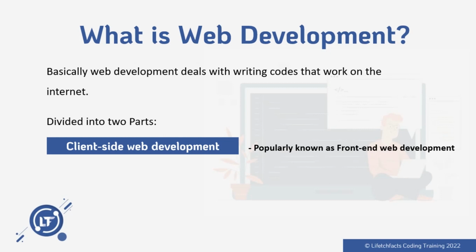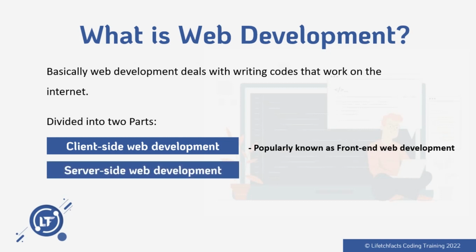Front end or client side web development deals with everything that happens in the browser. My business as a front end web developer is what is happening on the clients to make sure the users are interacting well, have a good experience, and enjoy being on the site.